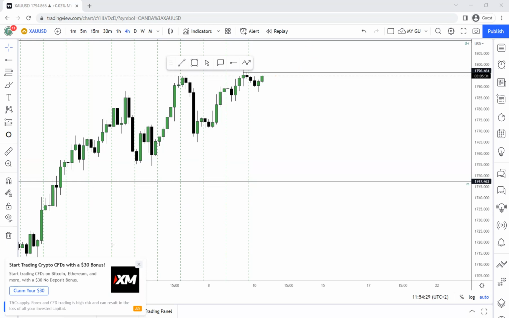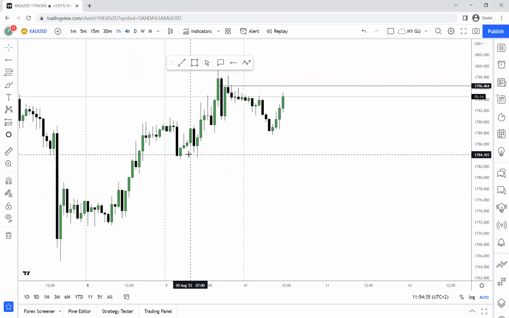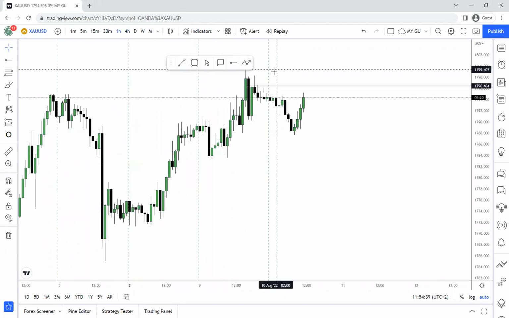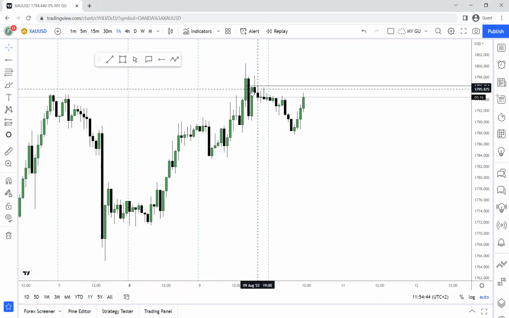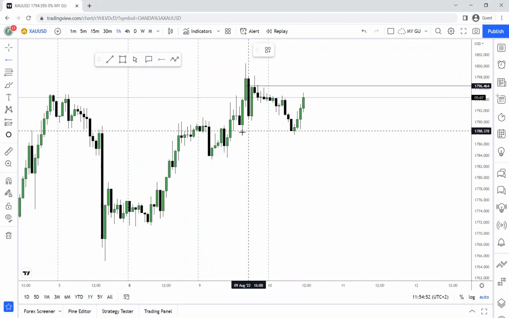Now let's move on to the 1-hour time frame. On the 1-hour time frame, we have a high, right? So you can see the resistance that we drew on the 4-hour time frame. It makes sense. What we need to put is a low.